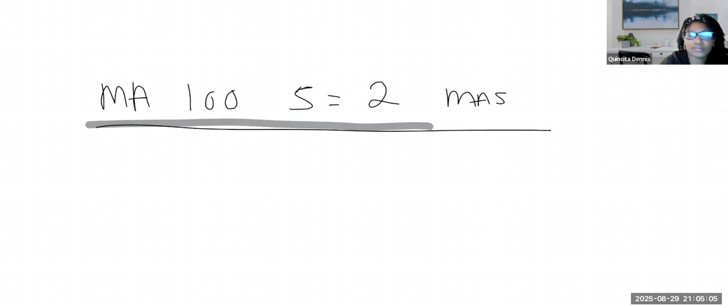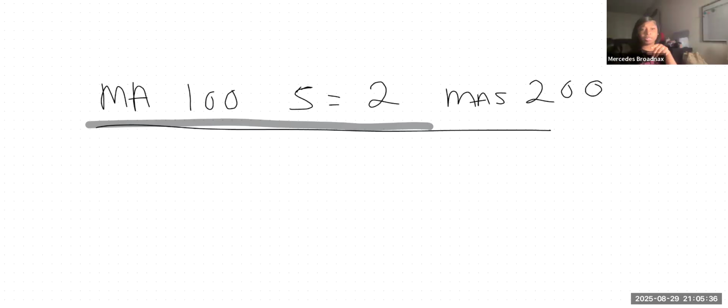Overall mass would be what? 200? 200. So what are some ways that I can double that mass based on the reciprocity law? Doubling the mass means I need for that mass to be 400. What are some ways that we could do that?